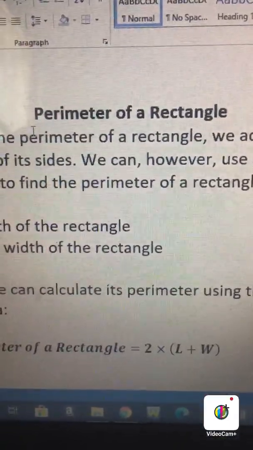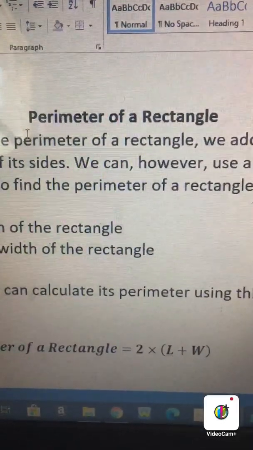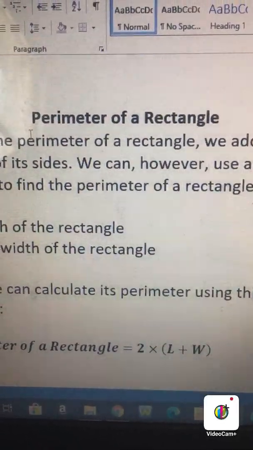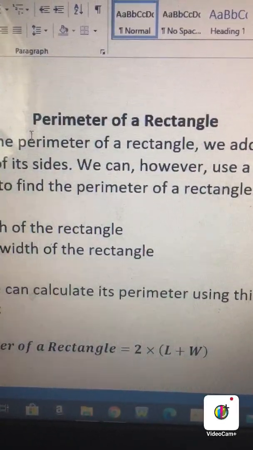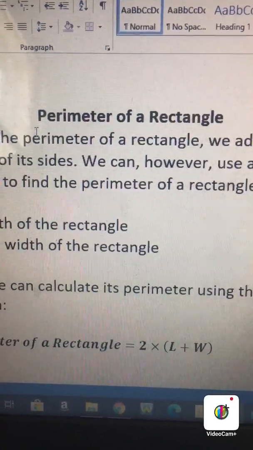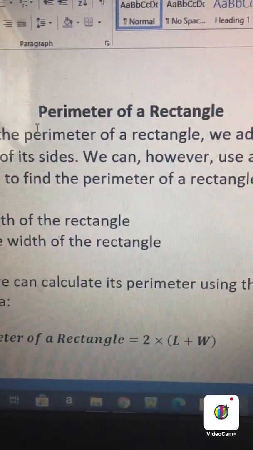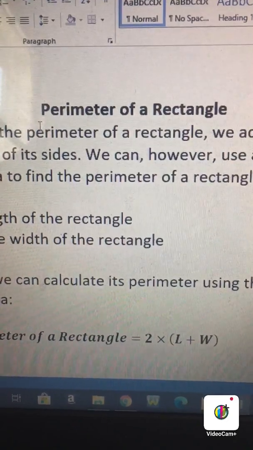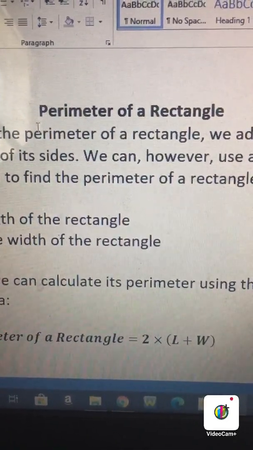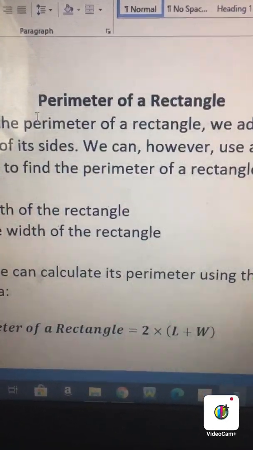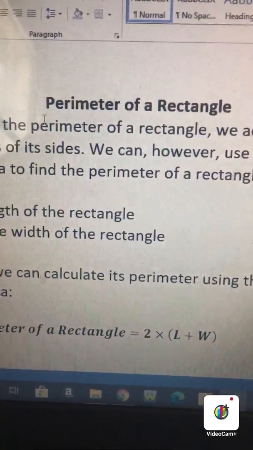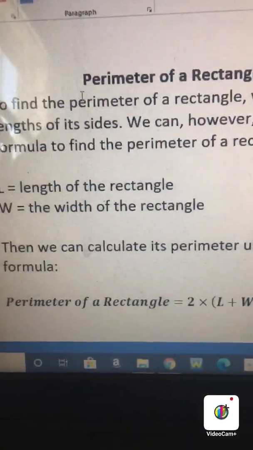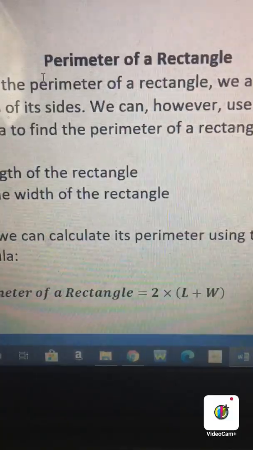So guys, having shown you how to find the area of a rectangle, our next job is to find the perimeter of a rectangle. So I'm going to show you how to do that. But remember that perimeter simply means the distance round.